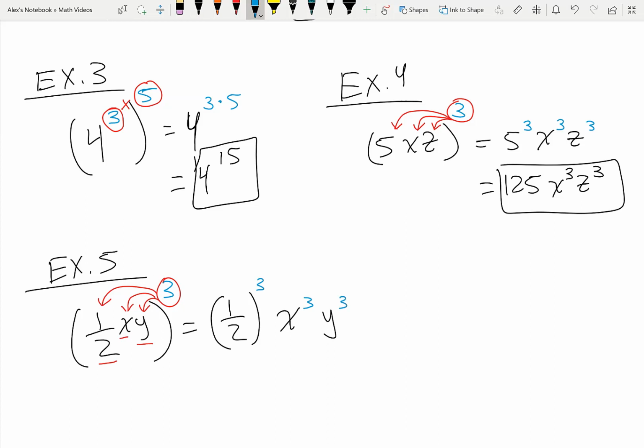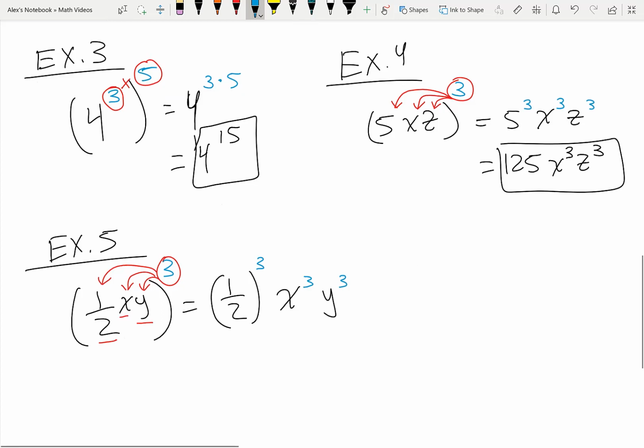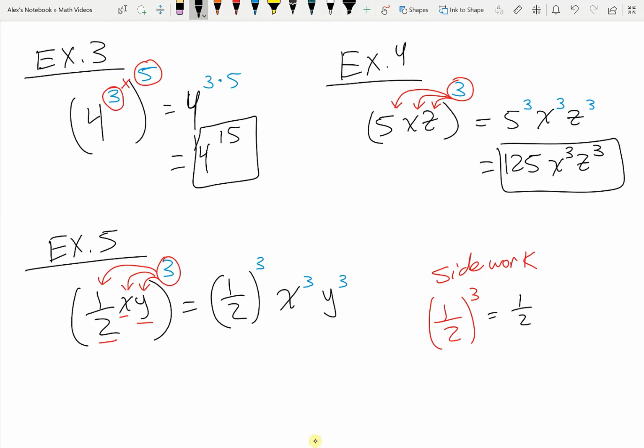So I've finished that part. I've applied 3 to every single thing inside the parentheses. Now x I can't do anything with, y I can't do anything with, but 1/2 I can. So what's 1/2 to the third power? Let me do it on the side over here. Recall, here's how you expand this. You take the base 1/2 and multiply it by itself how many times? 3 times.